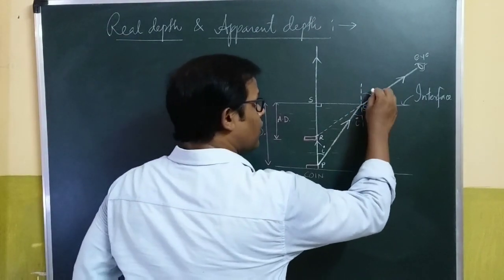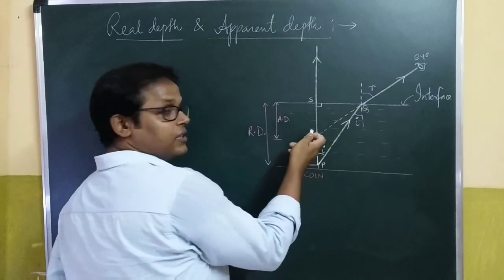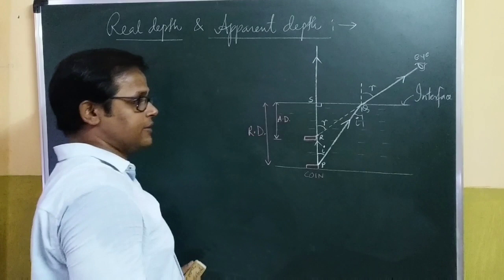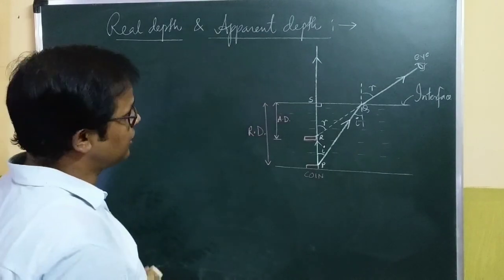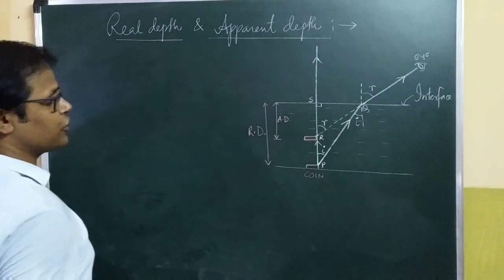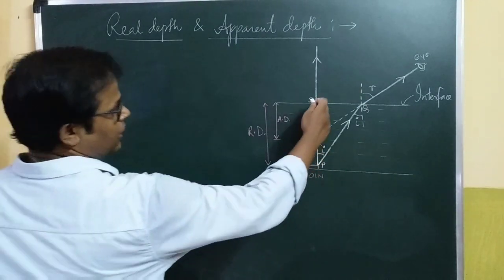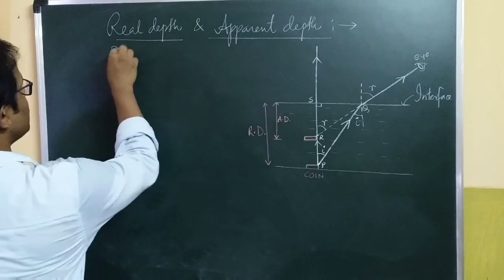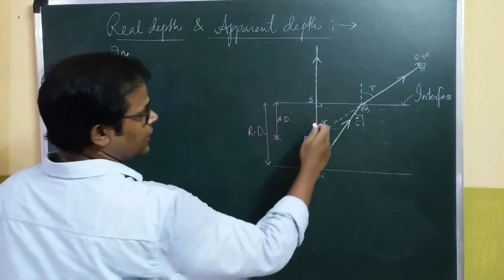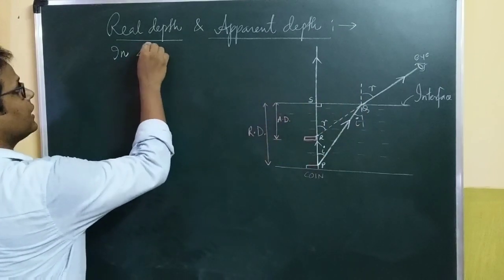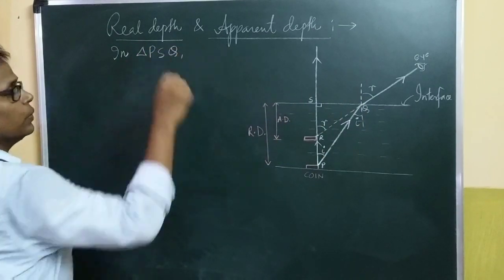If this is the angle of refraction r, observe this angle also has to be the same angle r. All good? Let's quickly finish it up. So you find here that there are two triangles coming up. Let me write down the names of the triangles clearly: in the triangle PSQ.